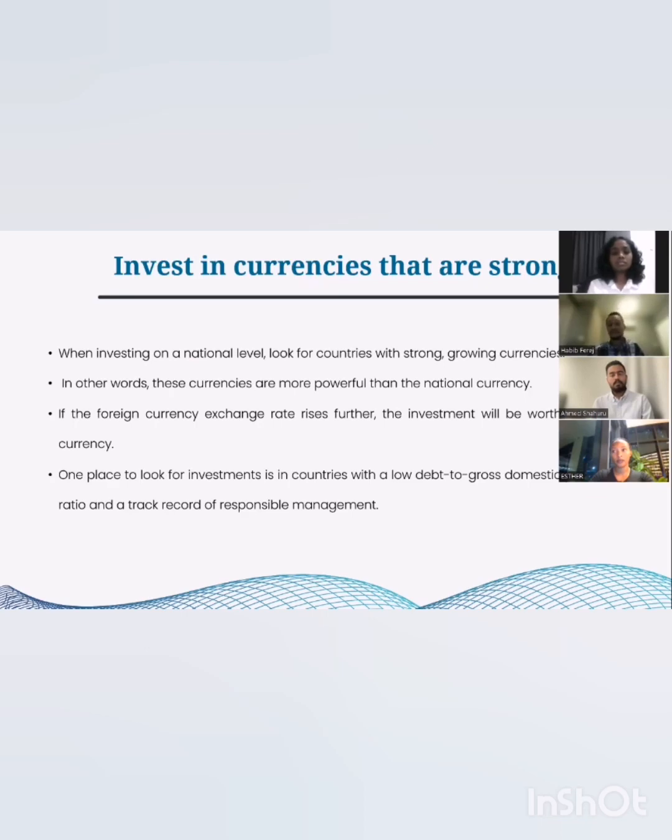If the foreign currency exchange rate rises further, the investment will be worth more in local currency. So let's say we are in Malaysia and we invest in dollars, and the dollar becomes stronger. Then we will get more value because we invested in a strong currency.